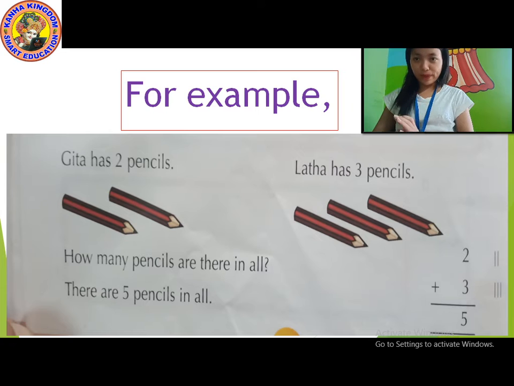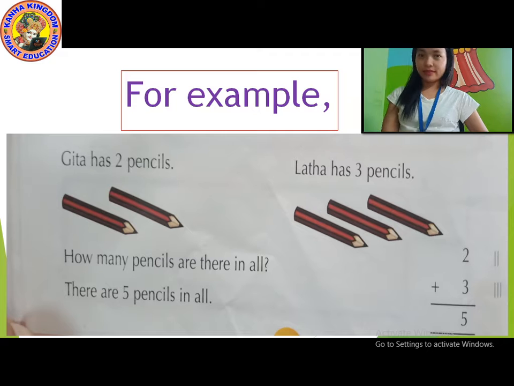Lata has 3 pencils. You understood that Geeta has 2 pencils whereas Lata has 3 pencils, right student? So the question is: how many pencils are there in all? That means, what does it mean? It means how many pencils are there in all.